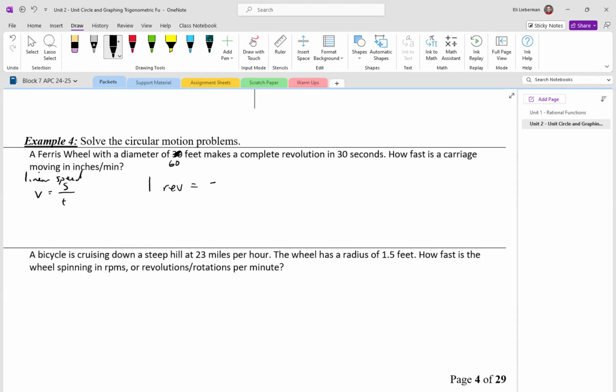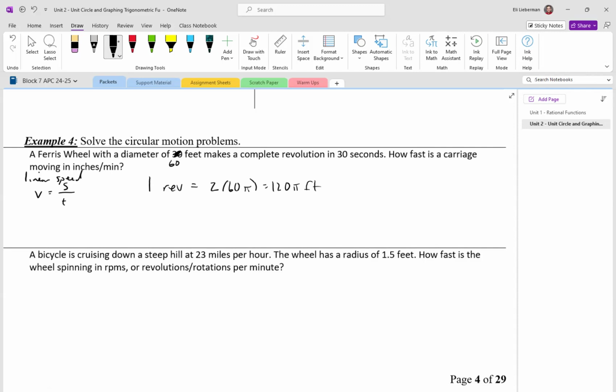So it's 2 times 60 pi, isn't it? Is that right? But we want it in inches. Isn't the diameter 60 or not? Diameter, oh, so I'm back at 30. Foiled again.